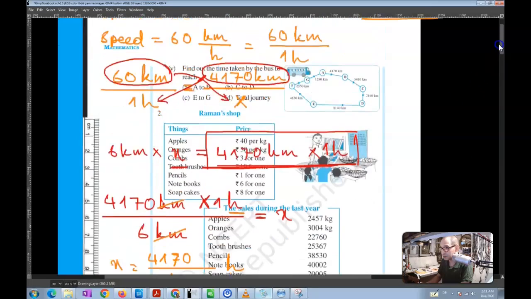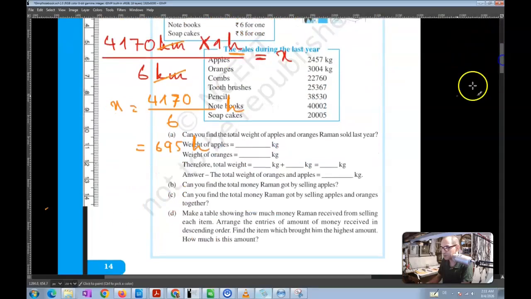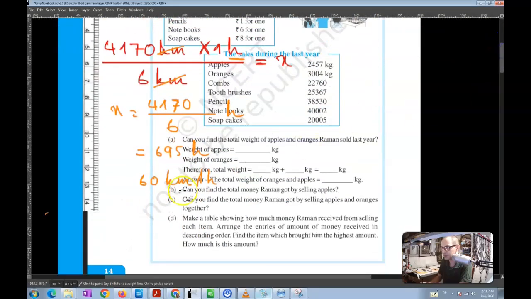Meaning that over here we said that we had a speed of 60 kilometers per hour. So 60 kilometers per hour means in 1 hour we cover a distance of 60 kilometers. And we wanted to cover this distance of 4,170 kilometers, right?